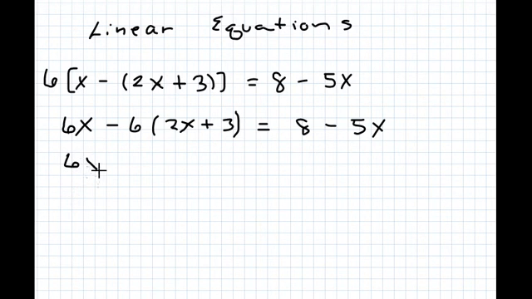So rewriting this, 6x minus, so 6 times 2x is 12x. Now because we have a minus out here, I'm going to distribute this, because pretend this is like a negative 6.